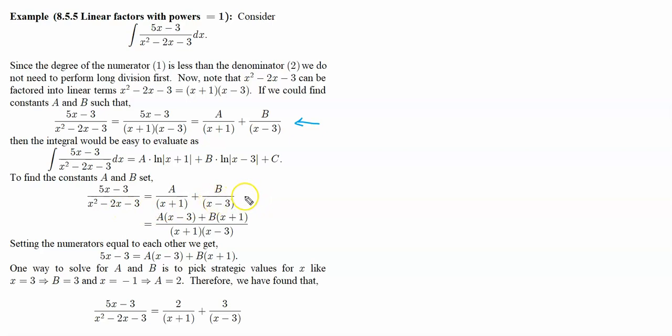Now what we do is we take this right here and we just simplify it, cross multiply, right? When you want to simplify a fraction, a over b plus c over d, when you want to combine these terms, actually do the addition here, it's just going to be a times d plus b times c over b times d, right?